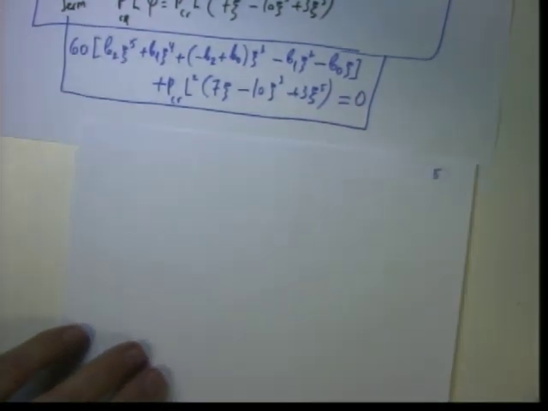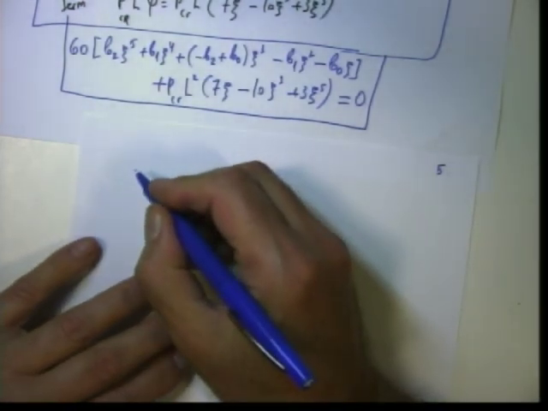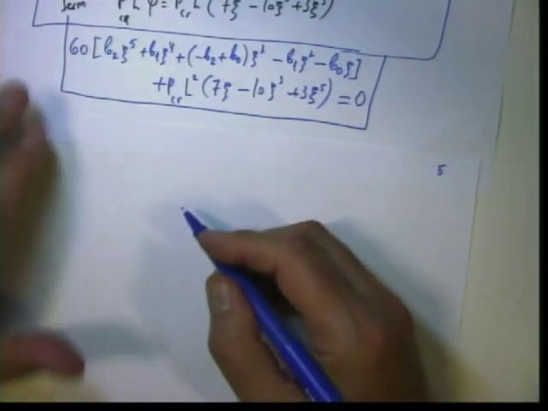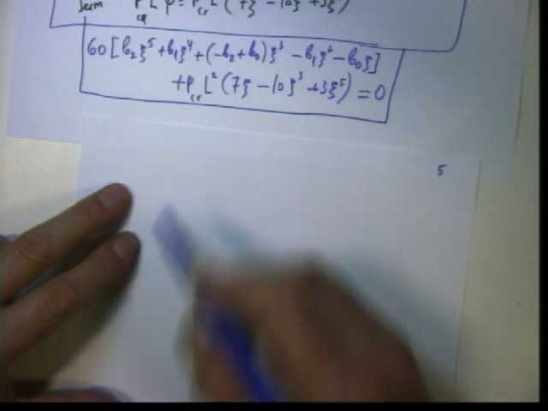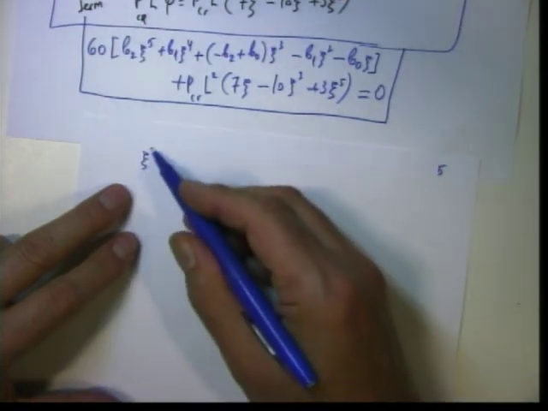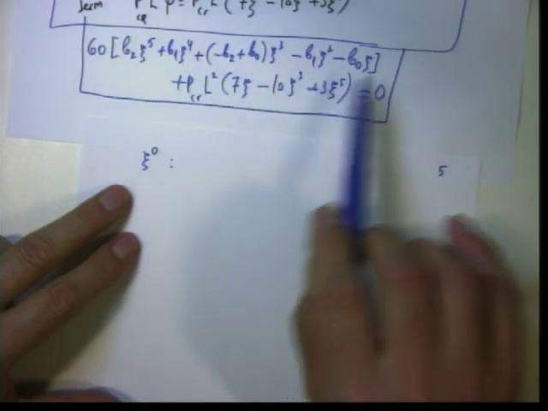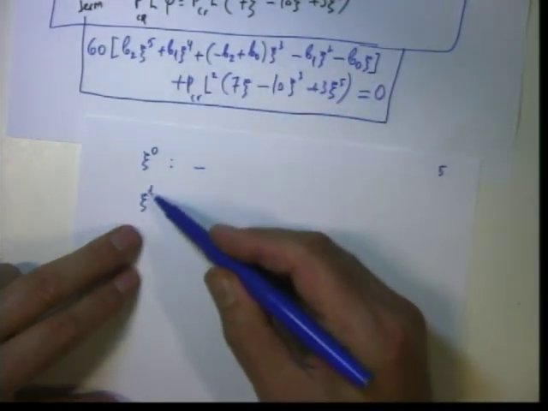Okay, now let me rewrite this. So we don't have anything with psi in zeroth power. There is nothing, just constant. So psi in first power.